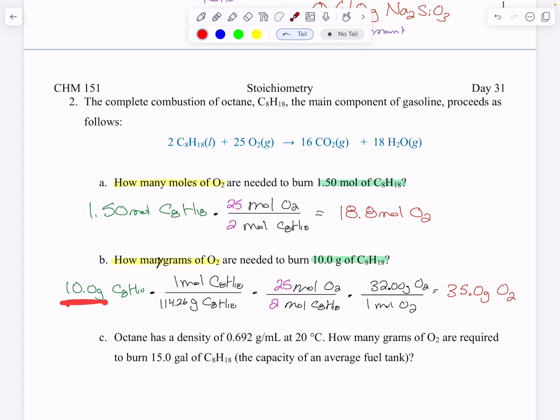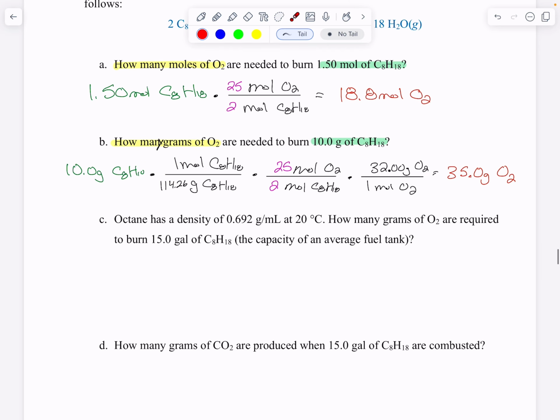If I halve this to 5, this would be 17 and a half. That's just how that works. If I 10 times it, make it 100, this is 350. That's all that we're talking about. That's the rate, because these numbers in the middle, these ratios right here, they're not going to change.